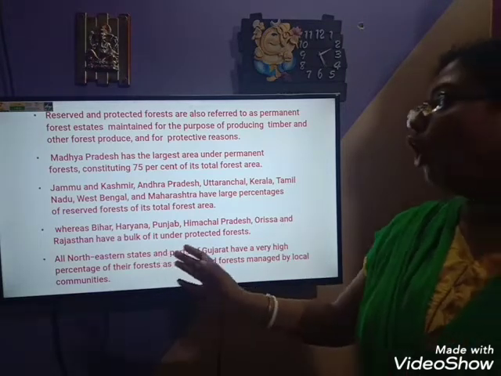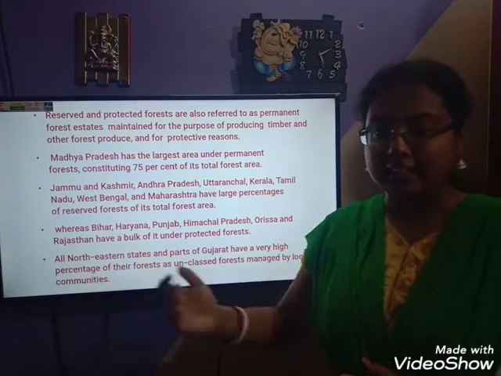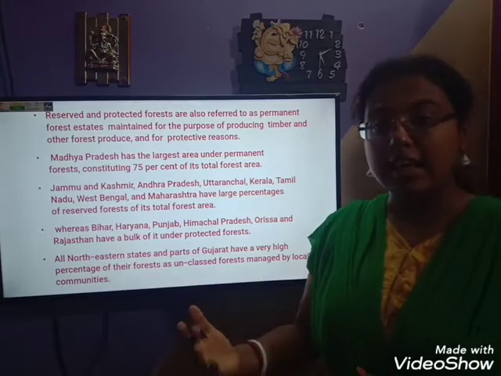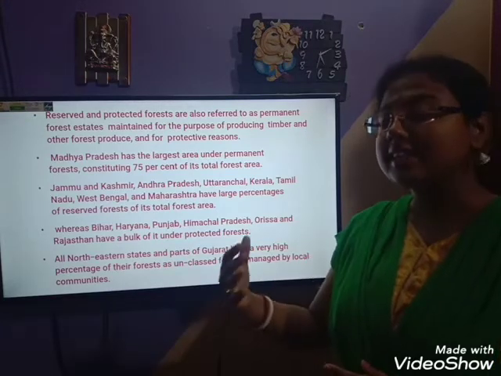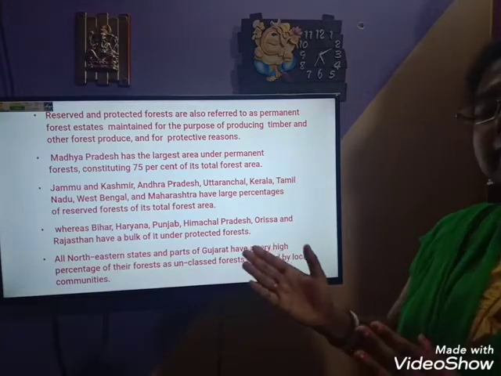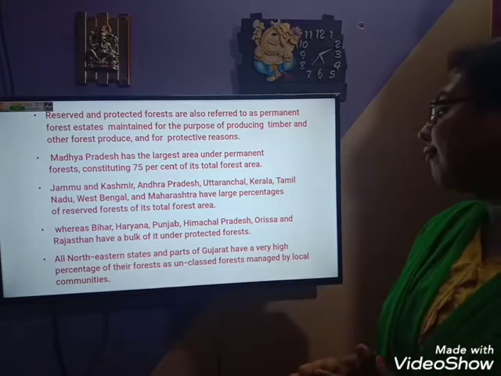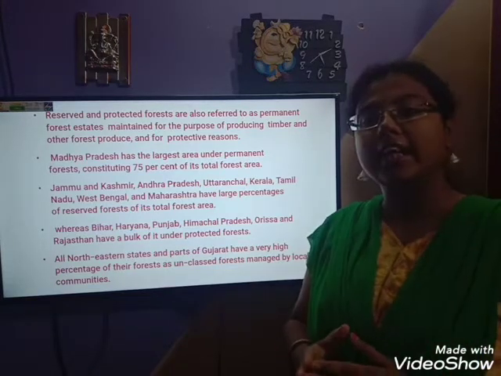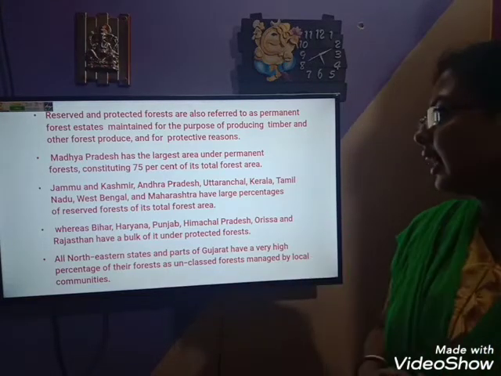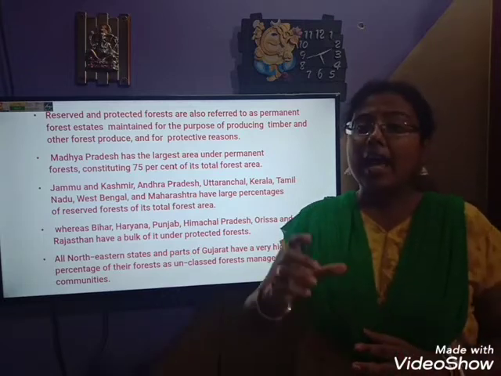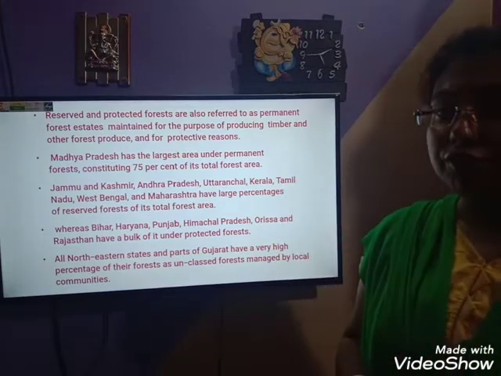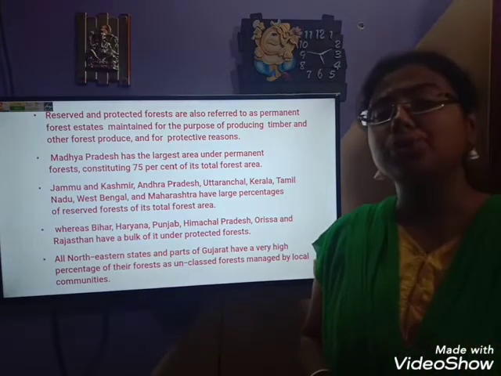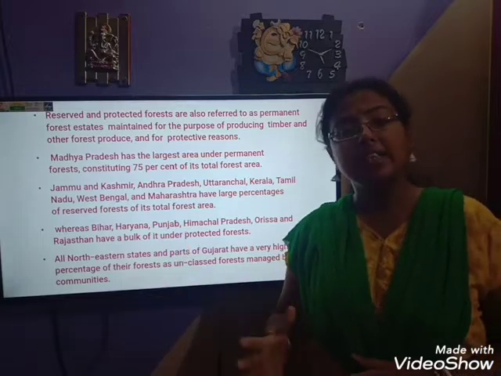Besides this, all northeastern states, that means Assam, Meghalaya, and some parts of Gujarat have a very high percentage of their forest as unclassed forest. About unclassed forest, we will get to know in upcoming slides.